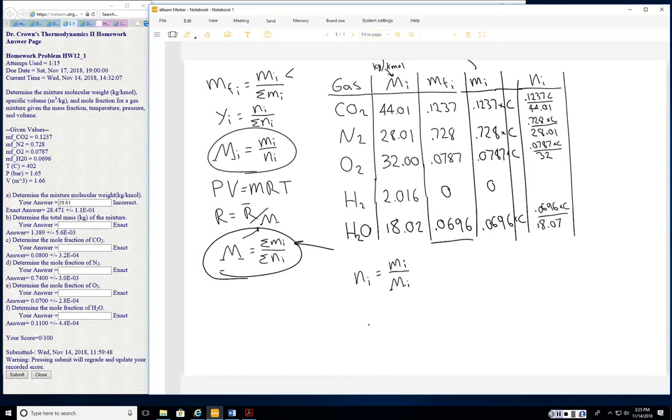Now if I sum all those up, and I sum all these up, then I can put those values into my expression for mixture molecular weight. And if I do that, in this case, I end up with 29.61.